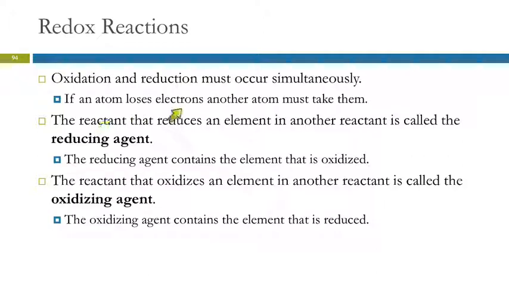The reactant that reduces an element in one of the other reactants is called the reducing agent. And the reactant that oxidizes something else is called the oxidizing agent. The reducing agent contains the thing that's oxidized, and the oxidizing agent contains the thing that's reduced. How's that for confusing?